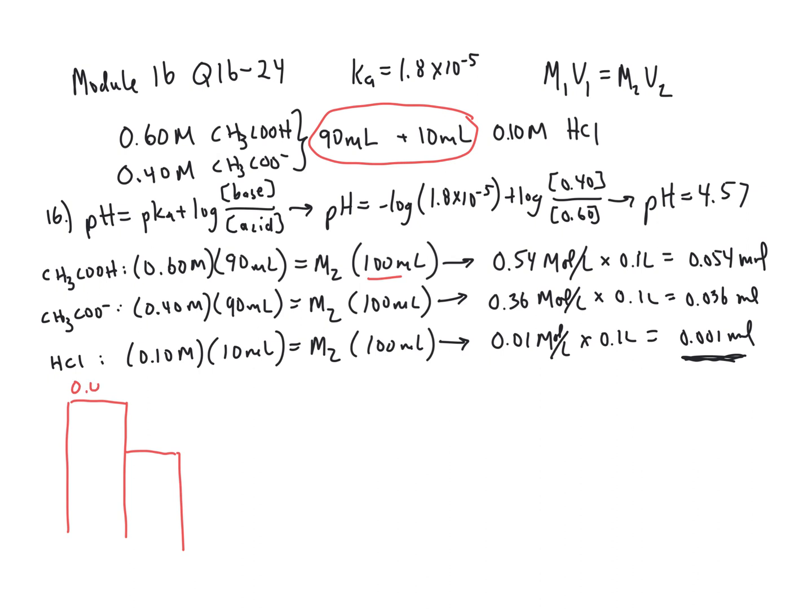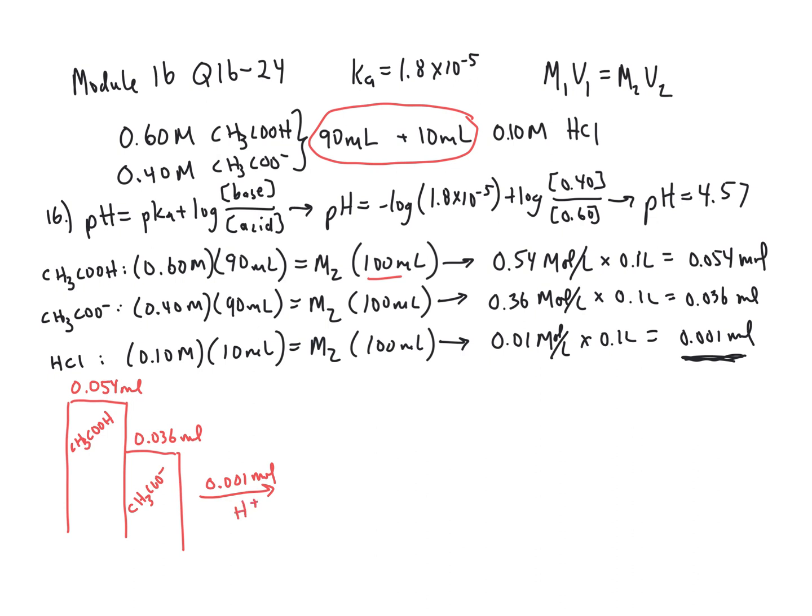We have 0.054 moles of acetic acid, and we have 0.036 moles of the acetate, the conjugate base. And then to that, we're going to add the 0.001 moles of a strong acid, HCl.